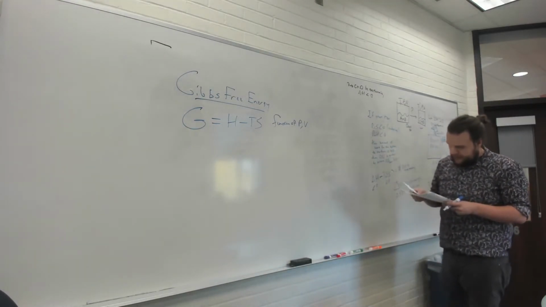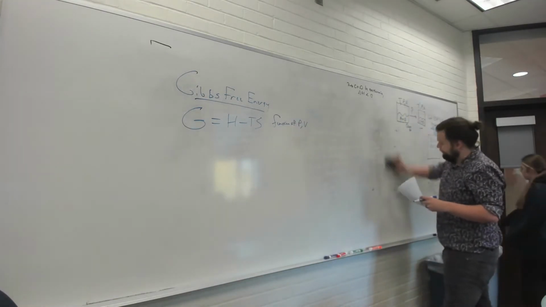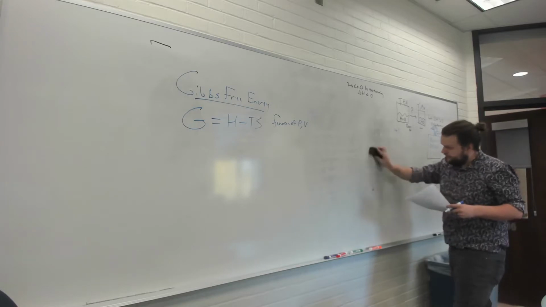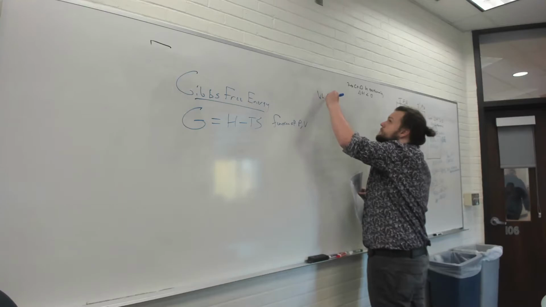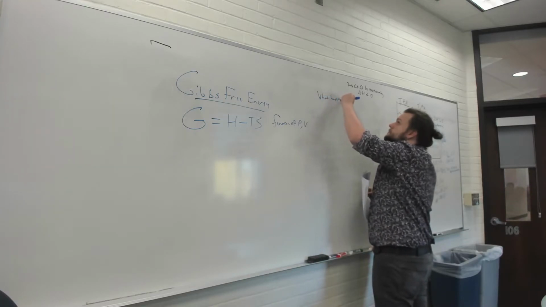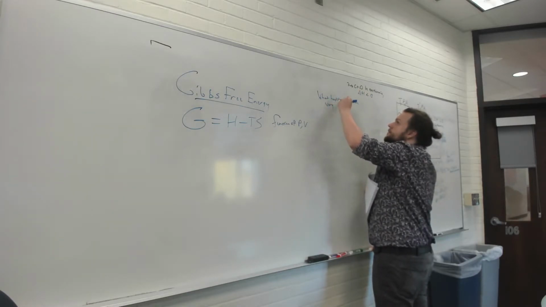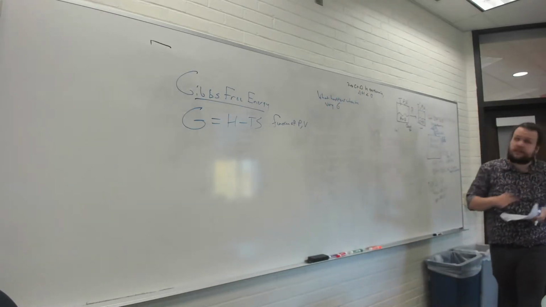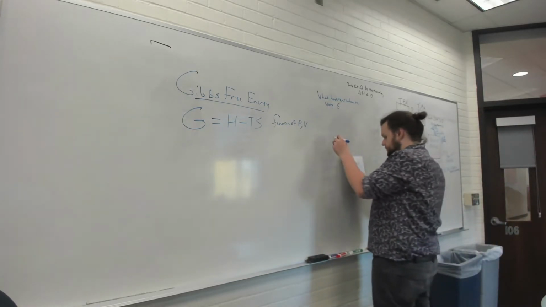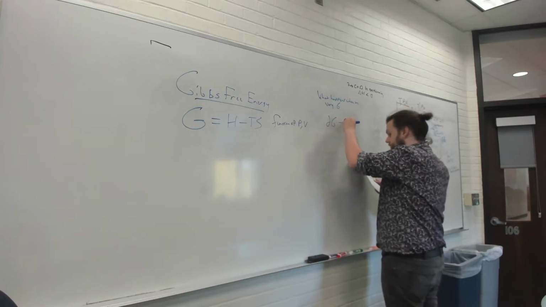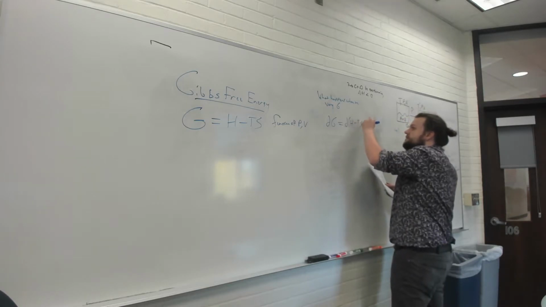Let's do a little bit of analysis on this equation. Just a little bit of calculus. And let's think about what happens when we vary G. Right? When we just adjust G a little bit, we put a little bit of energy into our system. So dG is going to be the derivative of H minus TS.